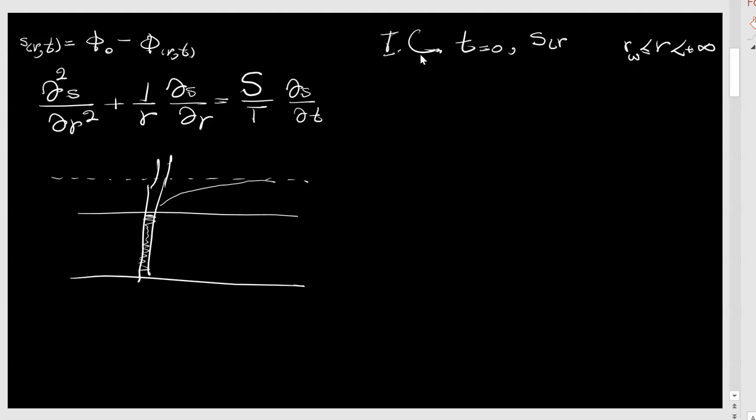So the initial condition is that at t equals 0, s at all r is 0, because this is phi 0, and phi 0 minus phi 0 is 0. So this is the initial condition.